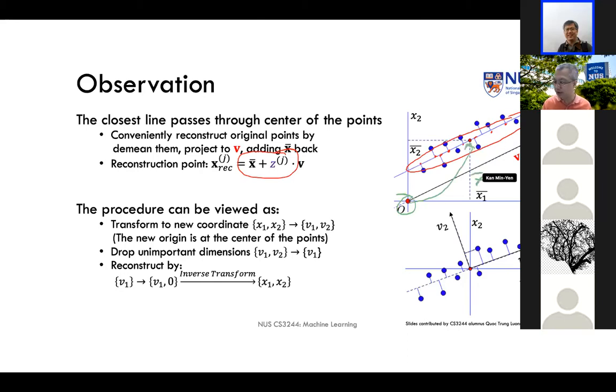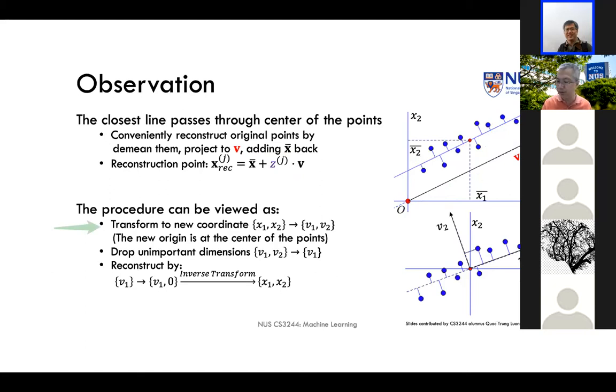So that's the idea. Okay, so it says the procedure down at the bottom. First, we're going to transform to a new coordinate system and move the origin to the new place. So we've done that in the top diagram. And then drop any unimportant directions, or at least the ones where we want to lower the amount of data that we're transmitting.